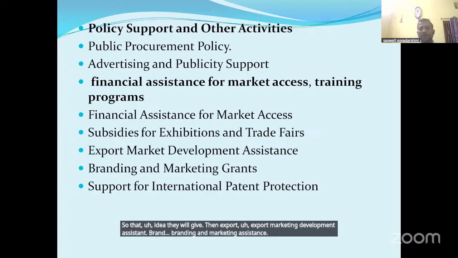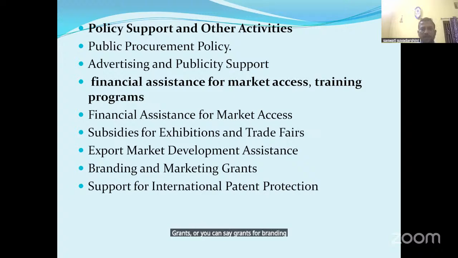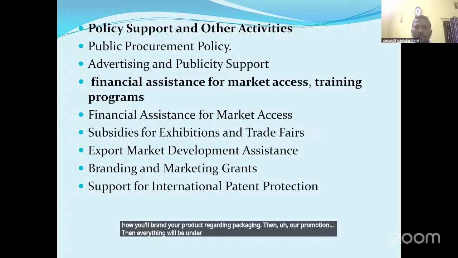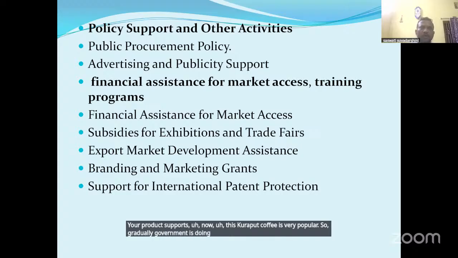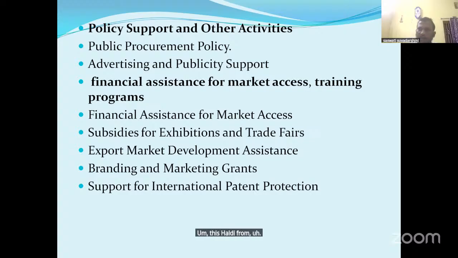Grants for branding the product and marketing the product: how you will brand your product regarding packaging, then promotion, everything will be under branding the product. Everybody will know your product. Suppose now Koraput coffee is very popular. So gradually the government is doing Koraput coffee, haldi from Malkangiri, and haldi from some places, very famous in this area.